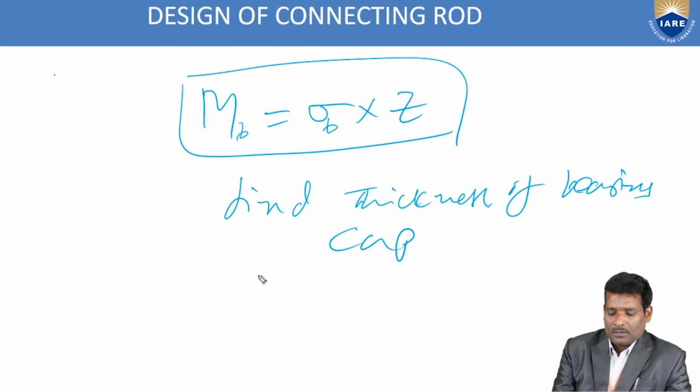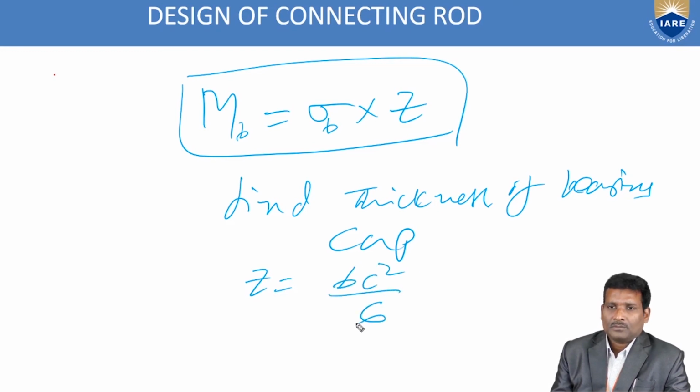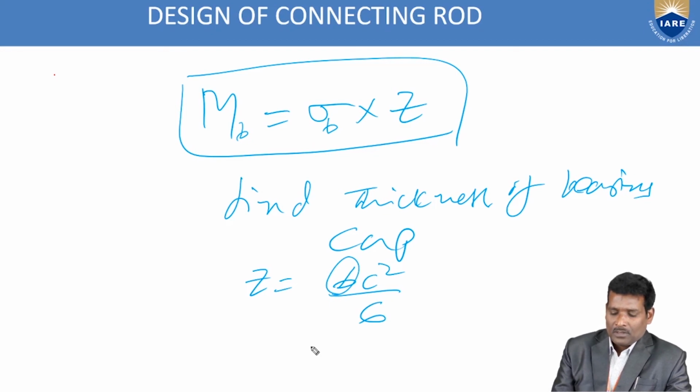Here Z is equal to B C squared by 6, where B is the width of the bearing and C is the thickness of the cap.